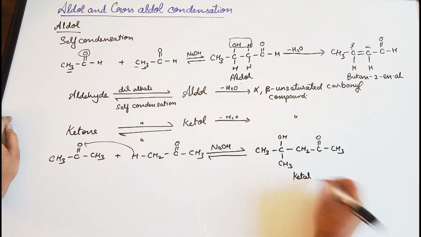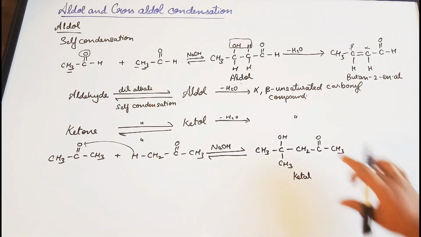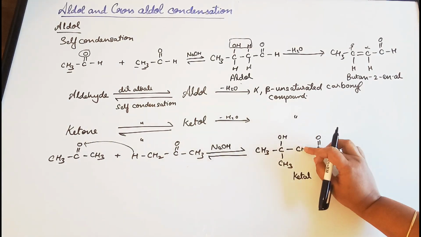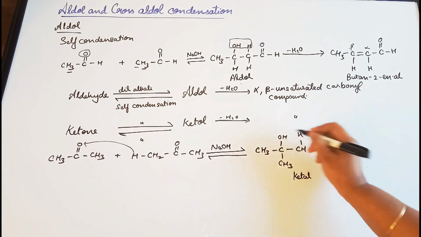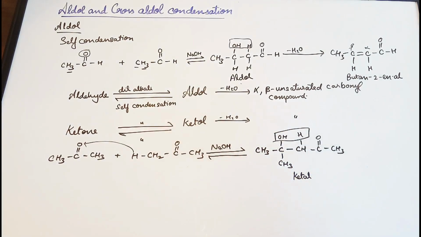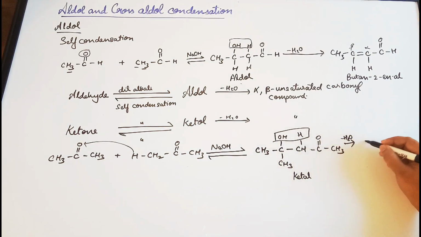In this case, you are going to have a CH3, and a ketol is obviously not going to be stable, so it will undergo dehydration or loss of water, and we get minus H2O. Okay, so we get CH3, an alpha beta unsaturated carbonyl compound.